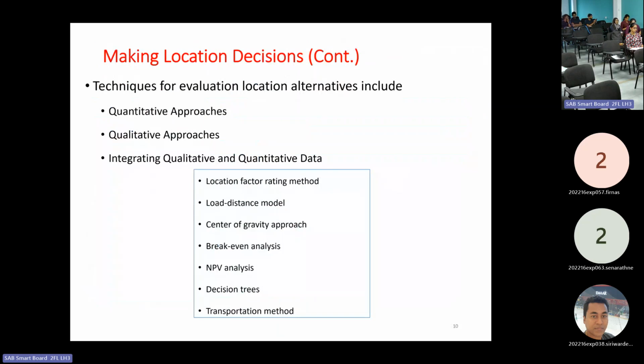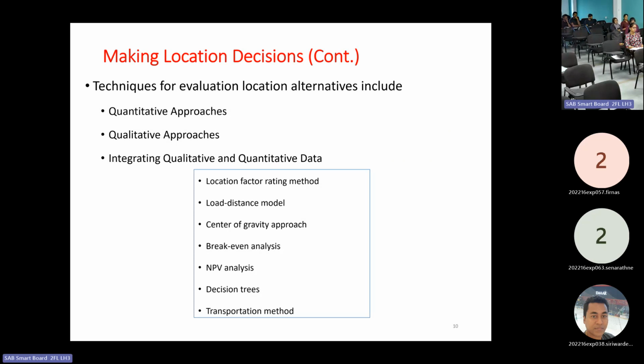NPV values can be calculated for different locations and selected. Decision tree is another technique. Transportation method, load distance model, that we are not going to discuss. But those techniques are used for this.